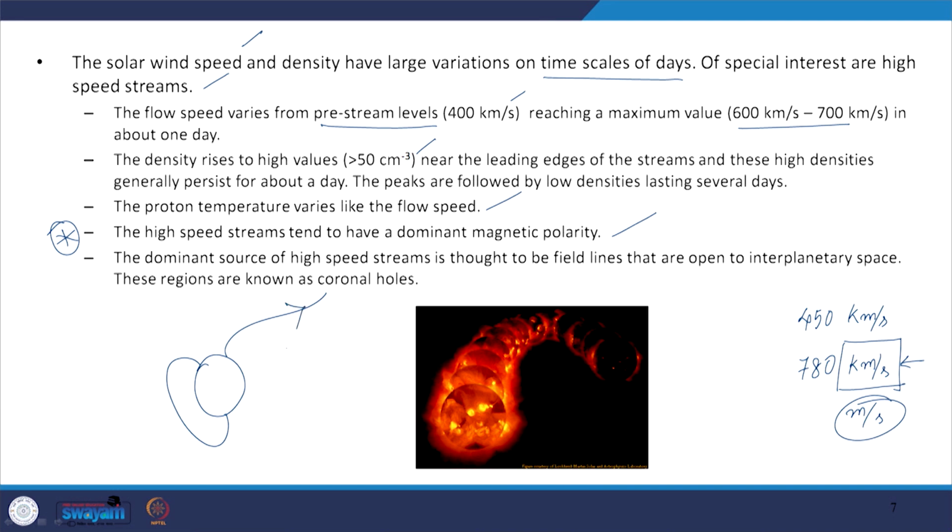These open magnetic field lines are supposed to be the origin of the high speed streams, and these regions are generally called coronal holes. You will also hear about coronal holes when you are trying to understand the high temperature of the corona and things like that.